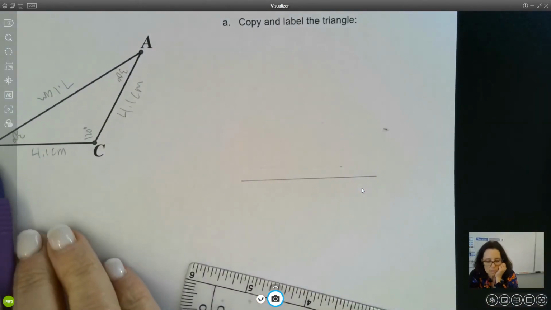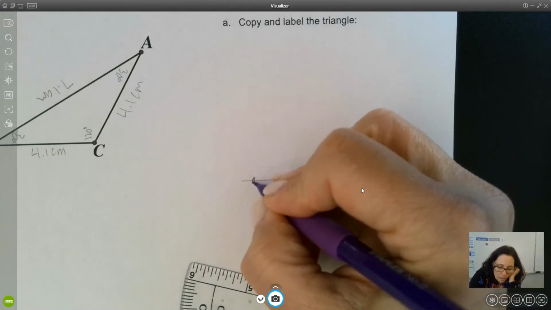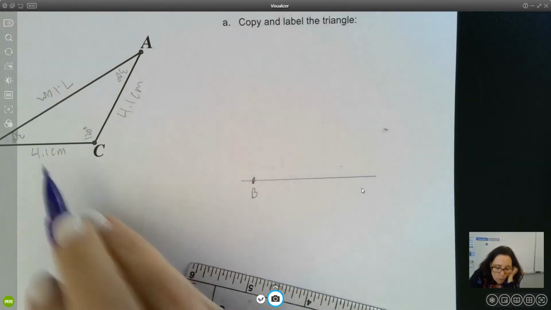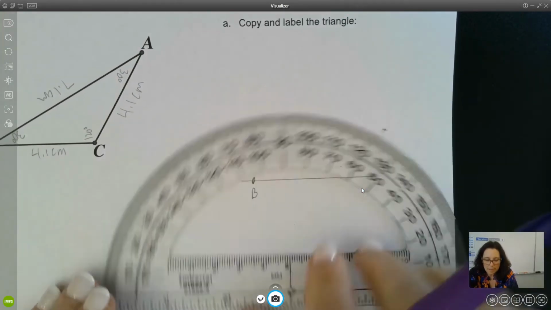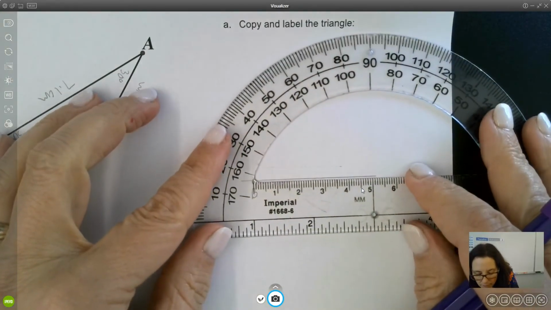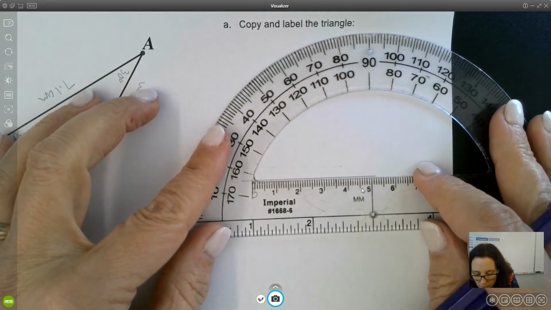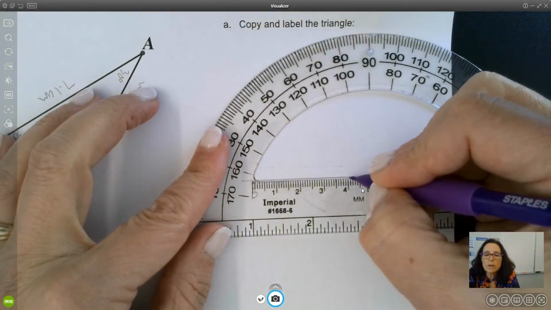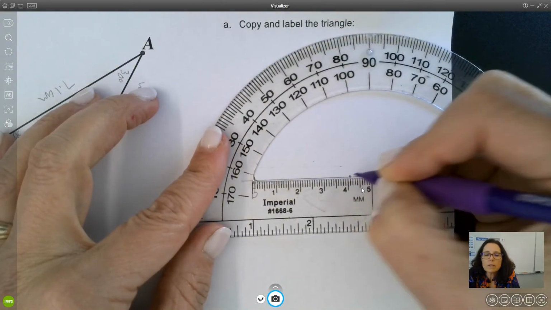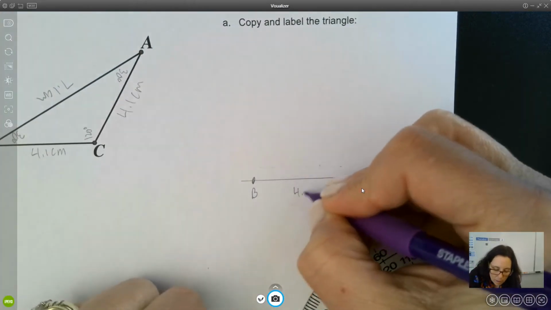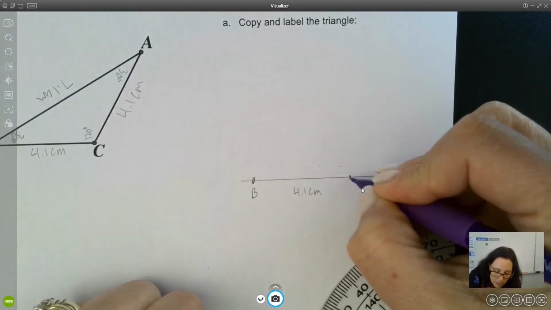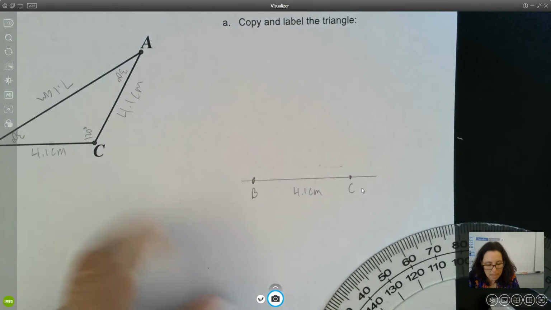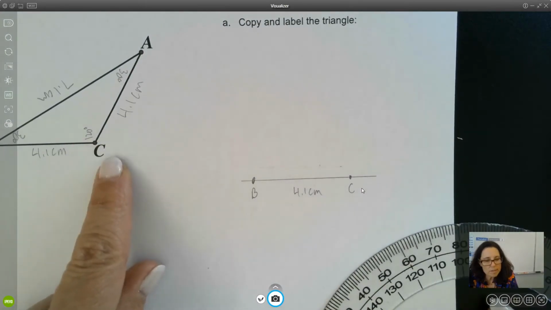Okay, we want 4.1 centimeters here, and this is going to be labeled C. We want 120 degrees at C.